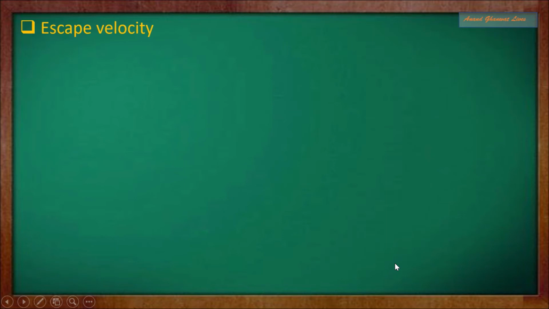Now let us calculate escape velocity of the earth. We know the formula for escape velocity. It is equal to under square root 2 into GM upon r. Now we know that GM upon r square is equal to g.